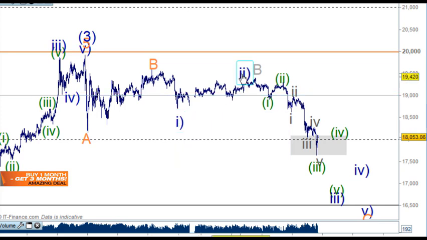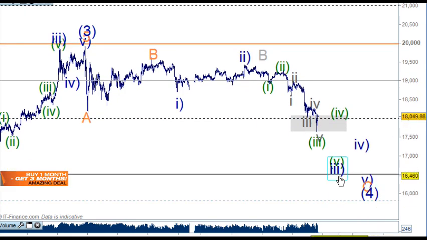So I would be very happy also to put wave B over here. In that case we can just count 5 waves down from that point and have the low there. So that 5 waves down would be this one here at wave 3. So that means we wouldn't get wave 4 and 5 down here. We'd just come down to wave 3.